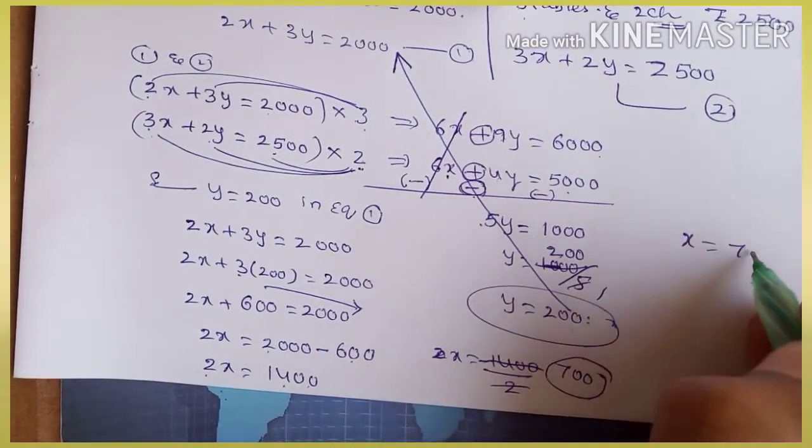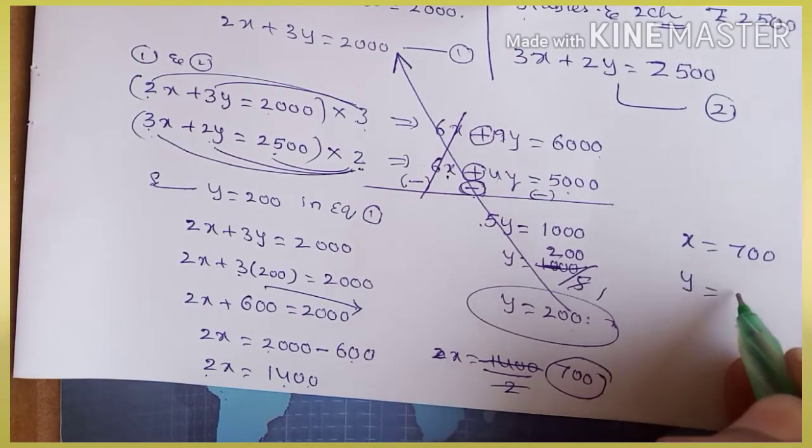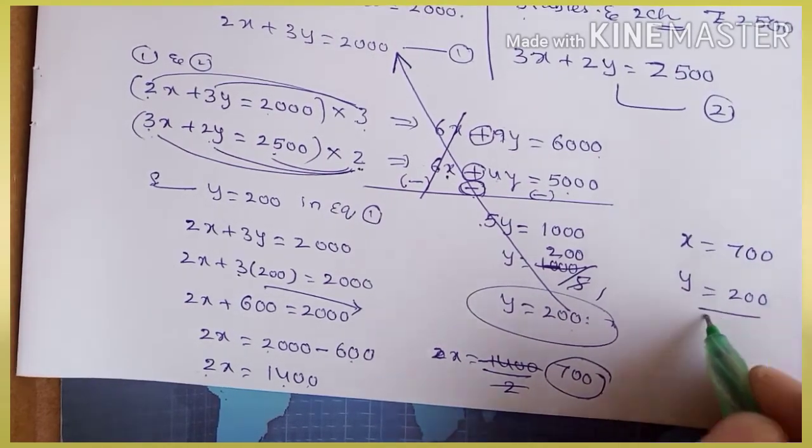So the value of x is equal to 700, and the value of y is equal to 200.